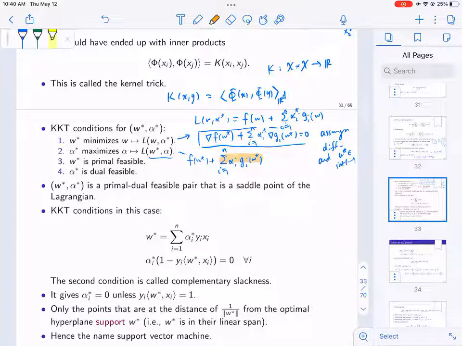So how should we maximize over this? If w star is feasible, these g_i(w star) are going to be less than or equal to 0.